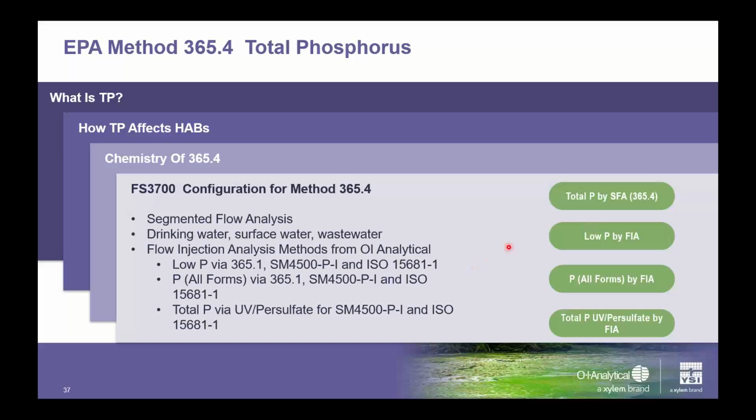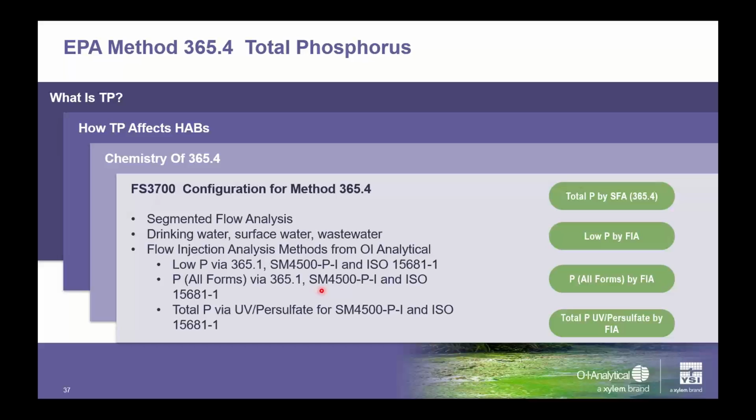We have focused in this presentation on the 365.4 method, but there are actually several other methods you can use for measuring phosphorus depending on the concentrations and forms that you might expect. I've provided these links for you if you want to look at those. Some of you may be using standard methods or ISO methods, for example.